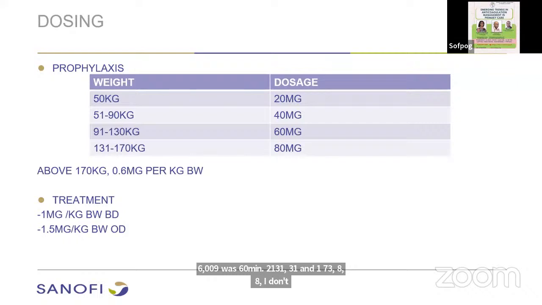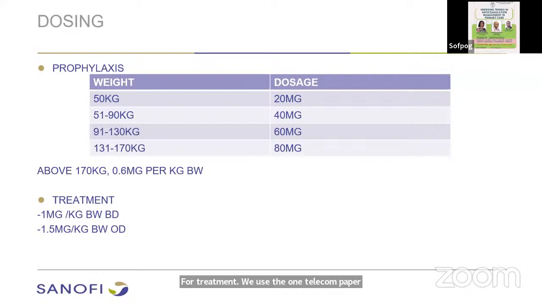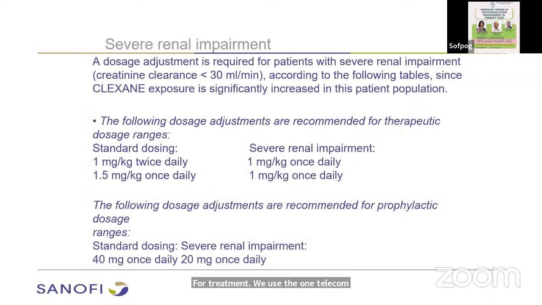For treatment, we use 1 milligram per kilogram body weight BD or 1.5 milligram per kilogram body weight daily. And for Clexane, we have different strengths of it. Also for renal impairment, the dose has to be reduced. So let's say you have a patient who requires Clexane. The dose can be reduced to 20 milligram once daily for patients whose creatinine clearance is less than 30 ml per minute.